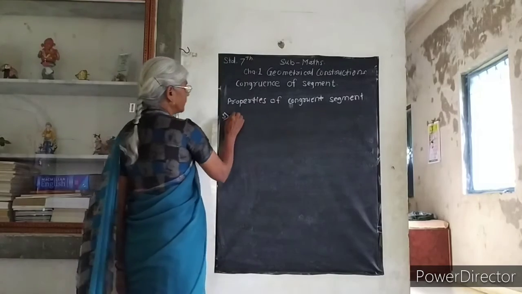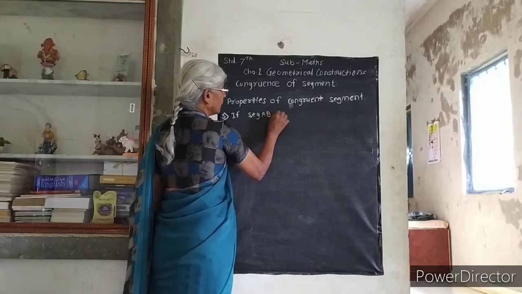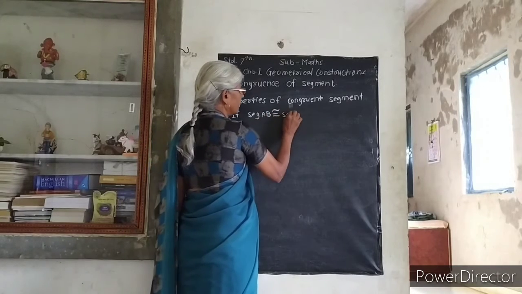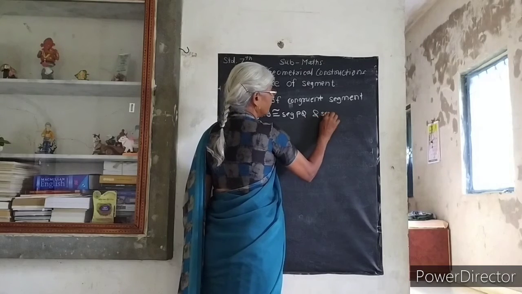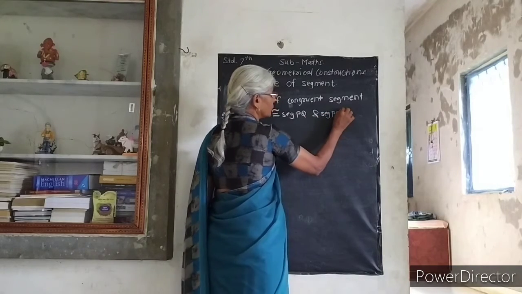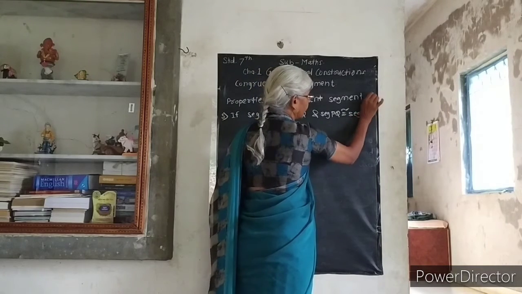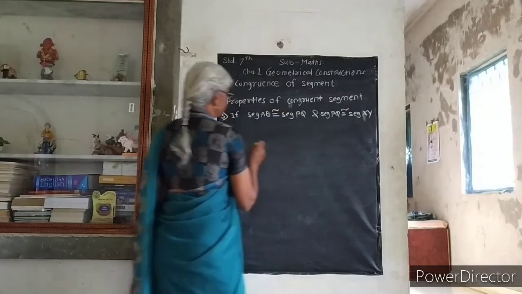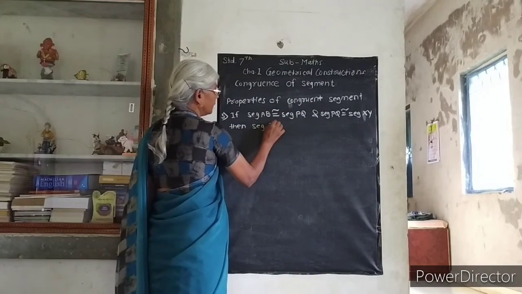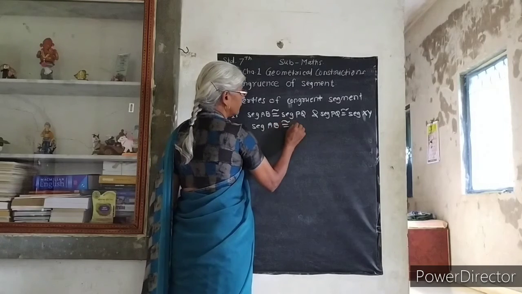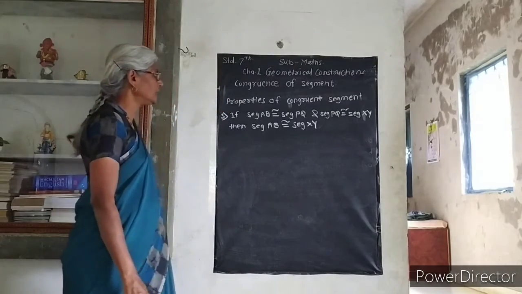Third property: if segment AB is congruent with segment PQ and segment PQ is congruent with segment XY, then segment AB is congruent with segment XY. What is the meaning of this?